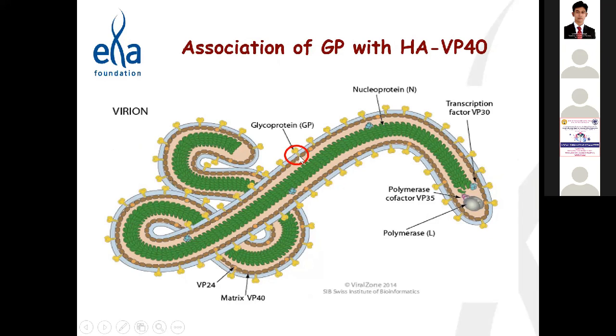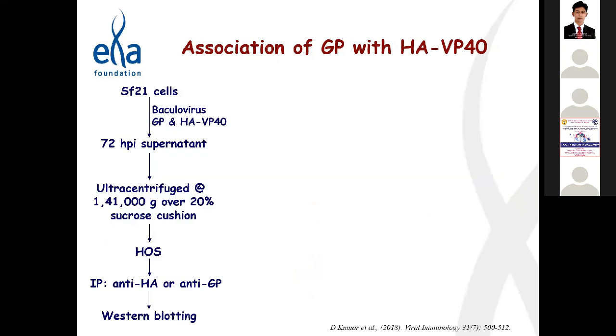So we wanted to prove it by doing immunoprecipitation. For that purpose, we again infected SF21 cells with baculovirus expressing GP and HA-VP40. And 72 hours post-infection, we did ultracentrifugation over a 20% sucrose cushion, and we expect to see that the pellet contains both HA-VP40 and GP associated with each other.